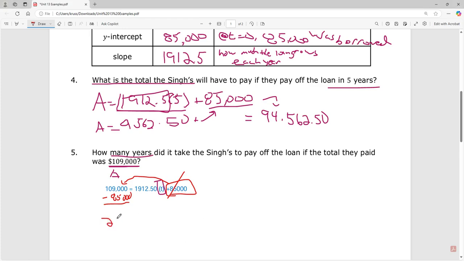So $24,000 in interest alone, right? Because this is the principal, this is the total. So the difference between the principal and total is the interest, divided by the 1912.50, which is the time.